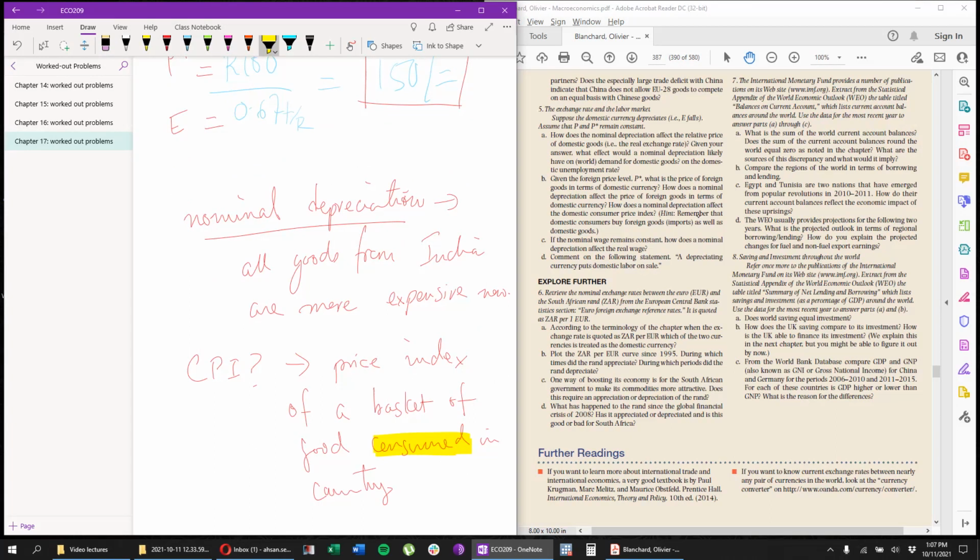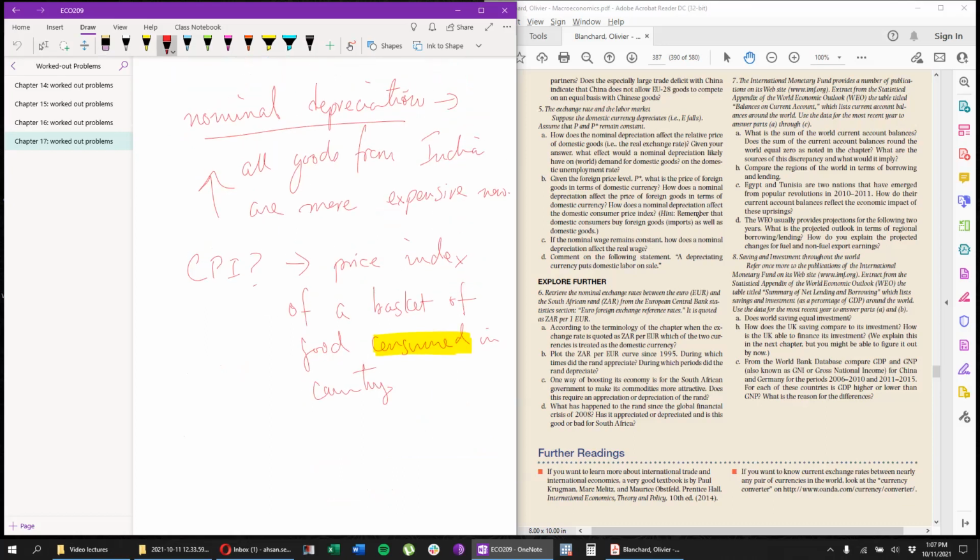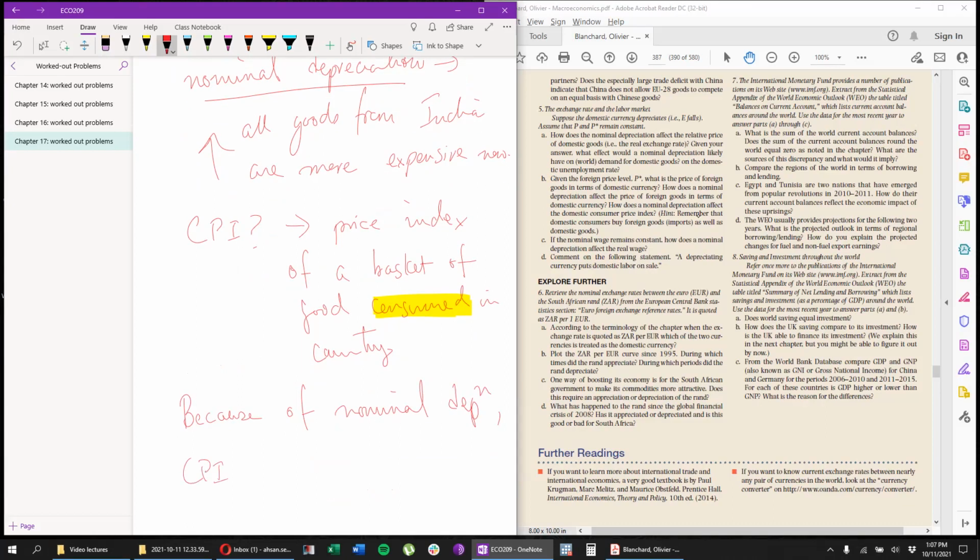Anything that is regularly consumed by people may end up in the CPI. And the prices of some of these consumed goods are becoming more expensive, right? Because the price of all Indian goods has gone up in Bangladesh. As a result, we can write that because of nominal depreciation, CPI in Bangladesh will increase.